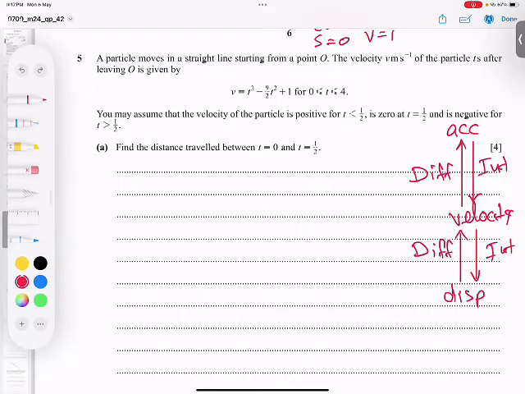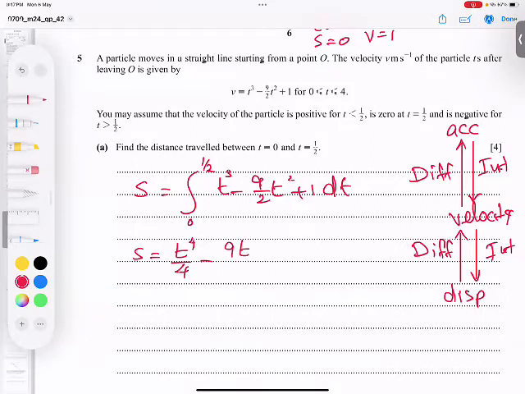So let's try to find it. If I integrate the velocity, I'll get S. Writing S here, with limits 0 to a half, of t cubed minus 9 by 2 t squared plus 1 dt. Increasing the power by 1, power 4 over 4, and power 3 over 3, with the 2 already present, and this is t, limits 0 to a half.